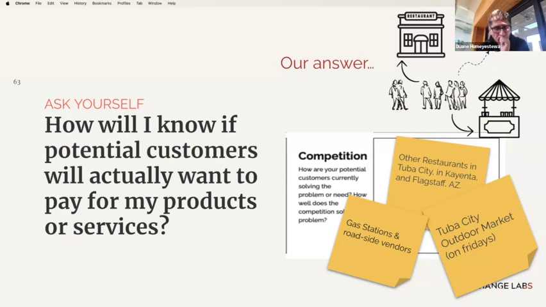And if other restaurants, cafes, gas stations, or other roadside vendors are doing the same thing, what are you going to do to separate yourself to make sure that customers actually pay for your product? There are always variations in how you can present and package a product, or present the services you're offering.